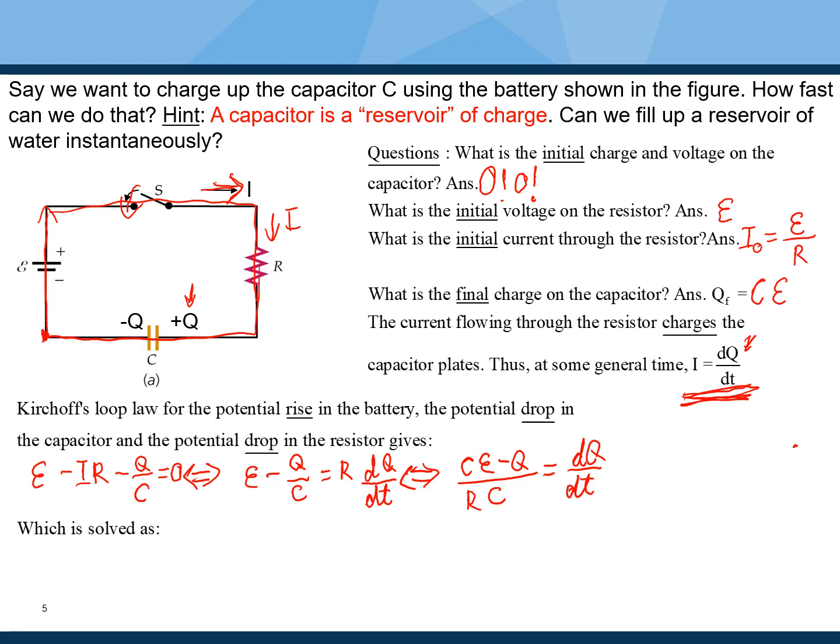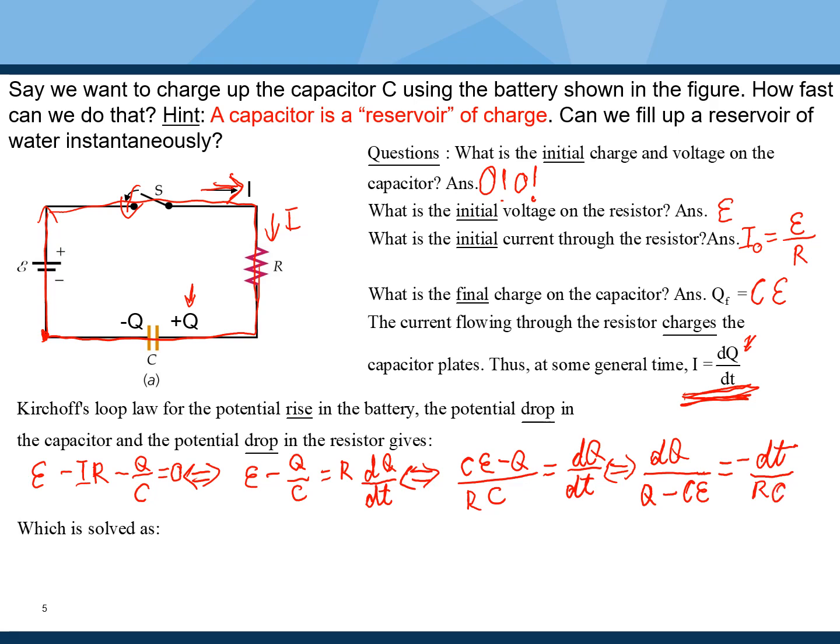Now let me go ahead and massage this equation and write it in a slightly better form. So I can write this equation as dQ divided by (Q minus C times E), and on the other side I have minus dt divided by RC.